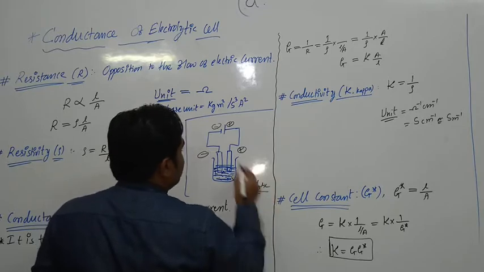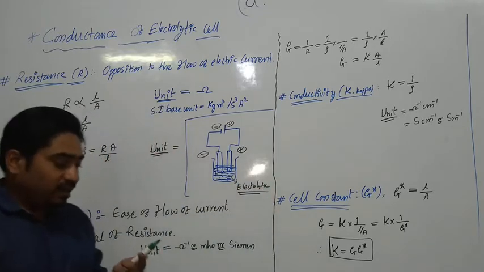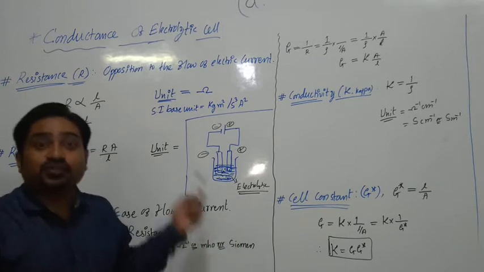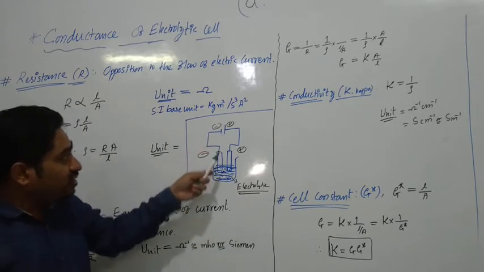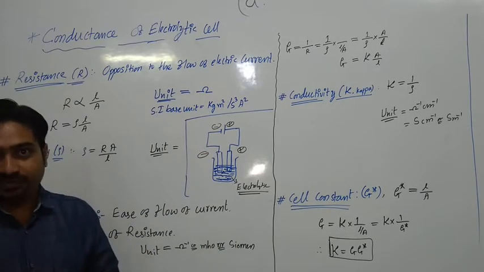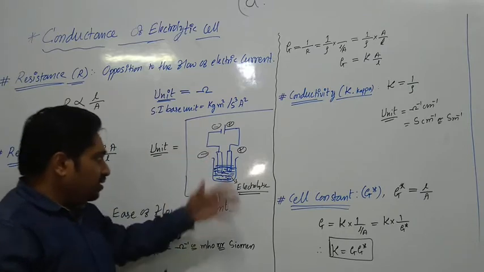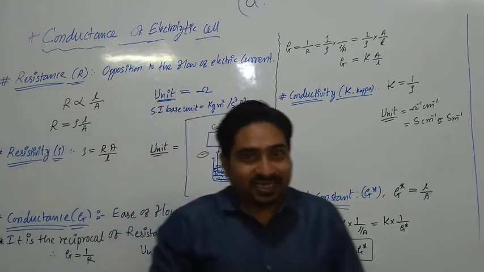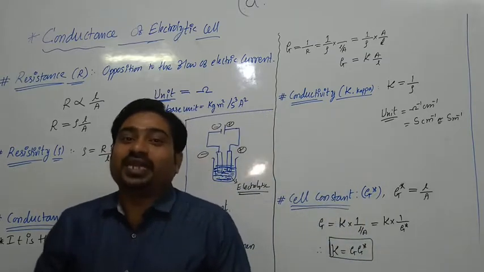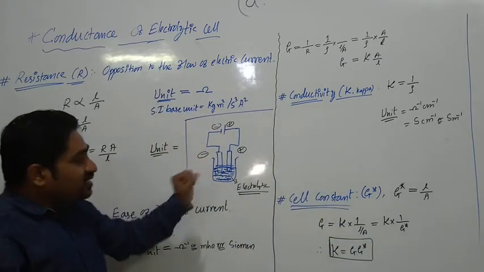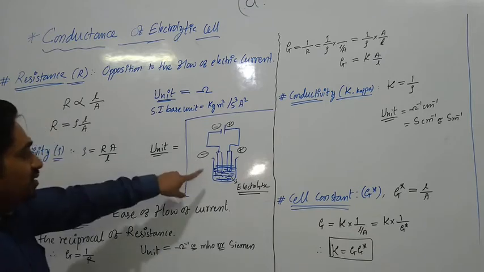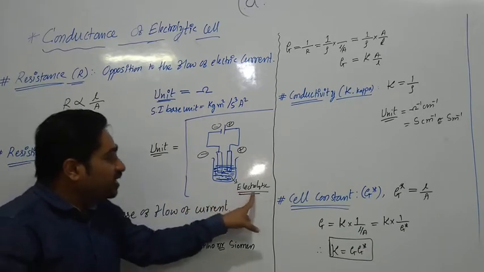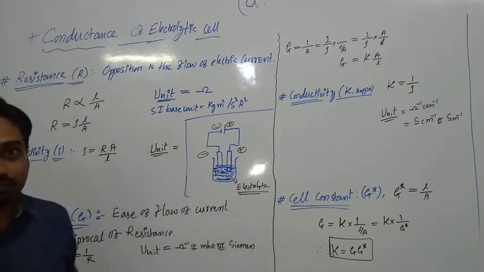So in the electrolytic cell, what happens? An electrolytic cell is a device which converts electrical energy into chemical energy. The process taking place in this cell is called electrolysis. So we are aware of the electrolysis reaction. The electrolysis reaction depends upon the nature of the electrolyte used.